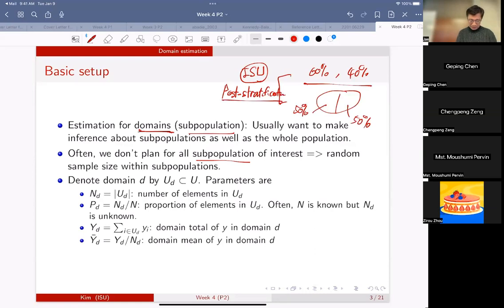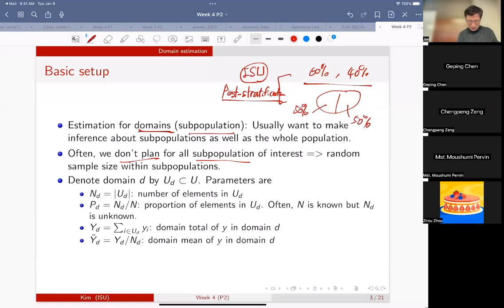But let's first talk about domain estimation. If we don't control the sample size for the domain, then the sample size for the domain is a random variable. So then we need to consider the randomness in the inference. That is the basic idea.